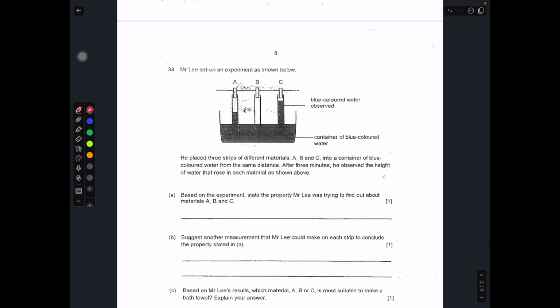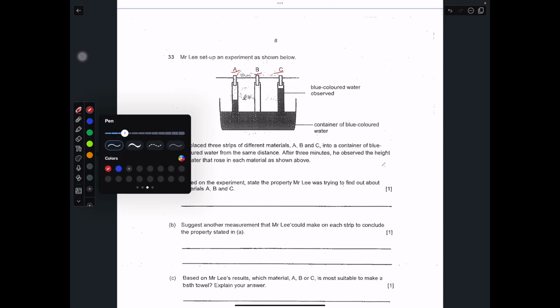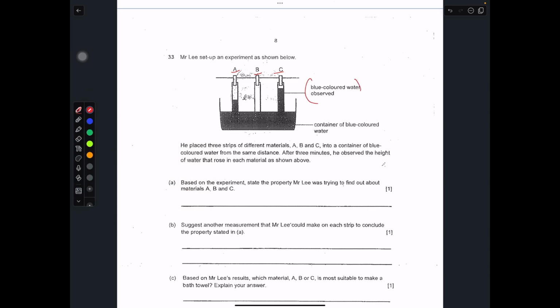Okay, Mr. Lee set out an experiment below. You have A, B, and C. Okay, and you have blue colored water that has been observed, and this blue colored water seems to go up the strip. Or not. This one, it did not go up. Okay, he placed the 3 strips of different material into the container of blue colored water from the same distance, trying to tell you that this is a fair test.